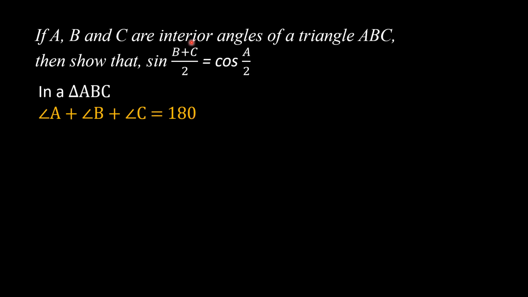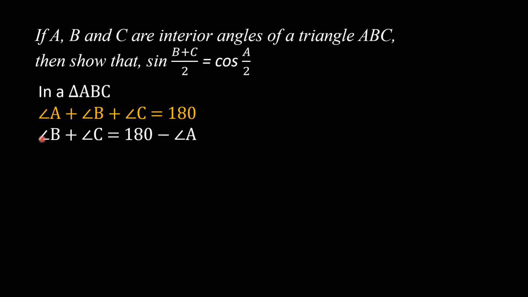Now here we have B plus C and here we have A. So we will send this angle A to the right hand side and write angle B plus angle C equals 180 minus angle A. Now here (B plus C) divided by 2 is there and here A divided by 2 is there.